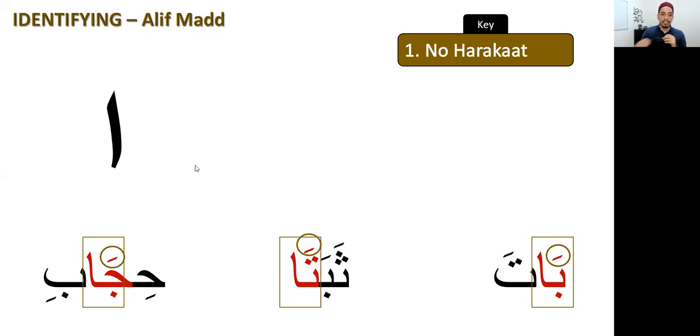Fatha, that's correct. So you guys successfully identified this very easily, right? They are also joined, but that is not the focus point of this. So like you guys said, the second key to identifying the alif mad is that there will be a fatha on the letter before it.